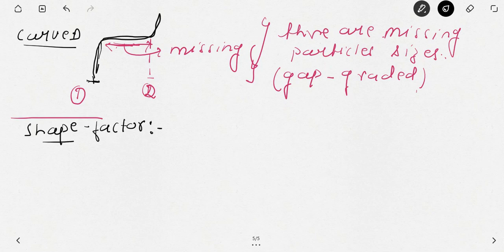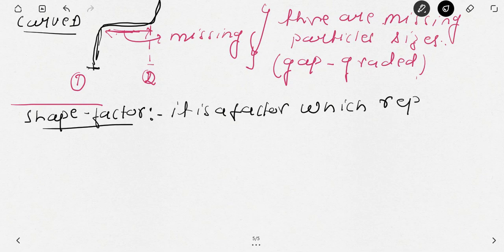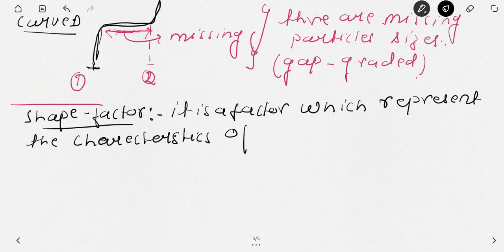What is shape factor? Shape factor is a factor which represents the characteristics of the particle size distribution PSD curve.